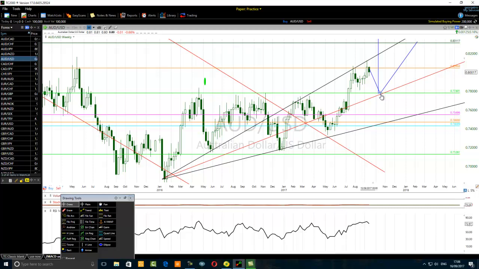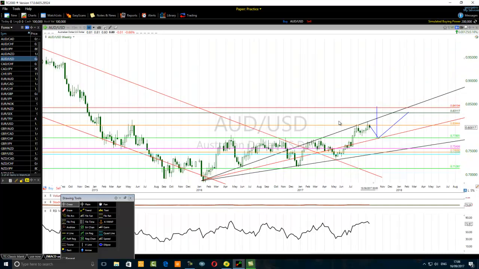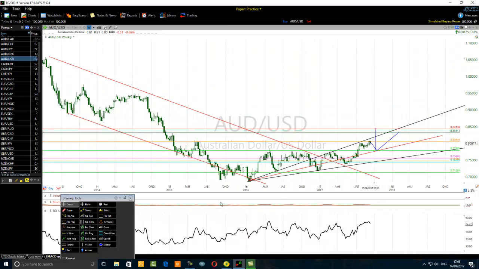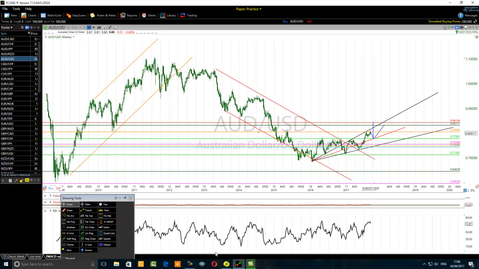But if it breaks above that red trend line and finds a resistance, it will sell back down to the level of 0.7549.